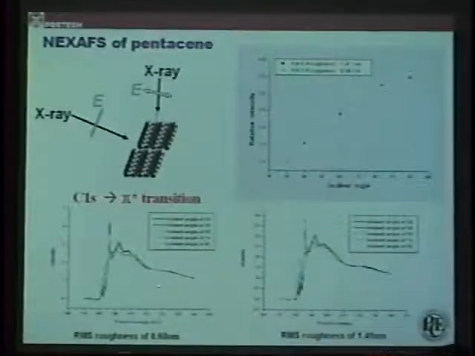For the larger roughness case, the data is also the same. The X-ray is this way, the electric field is like this, and the pi coupling is parallel to it, so we have a higher intensity at 90 degrees. With a rougher surface, we have a smaller intensity, which coincides with the out-of-plane XRD mode.